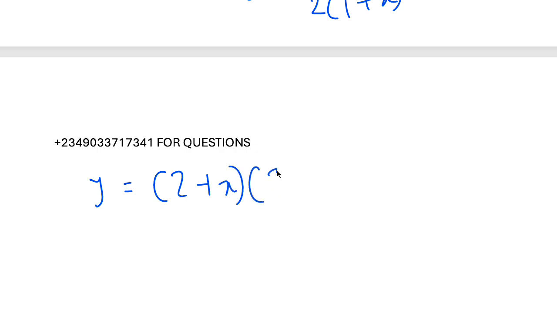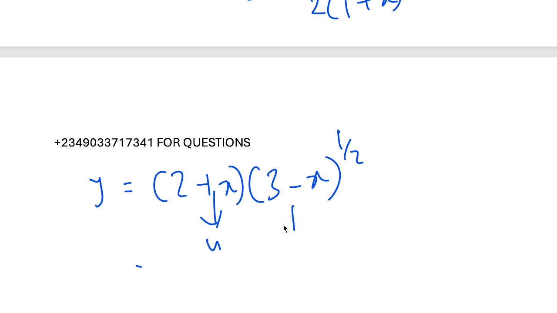If you are given this in an exam, remember these are two products, but for this kind of question, just be very, very careful. If not, you're going to mess up, because you are seeing that there are two functions, right? 2 plus x and 3 minus x raised to half, but they are actually three, right? Because there's another function that is raising 3 minus x to the power half.